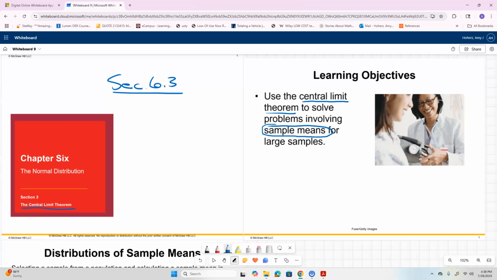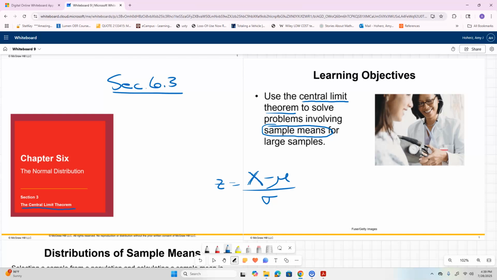So you know before we were talking about x's. So we had that our z was x minus mu over sigma. But now, instead of having an x value, just a single value, like what is the likelihood that a family chosen at random has this much trash or less, or this much trash or more, we're going to have a sample.